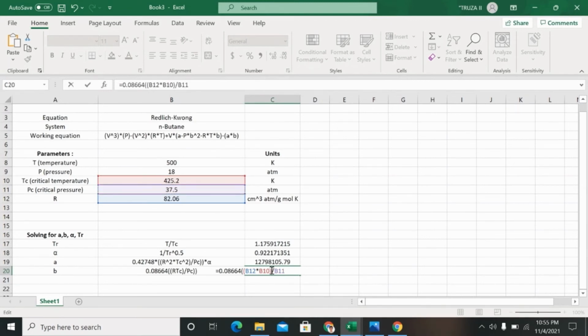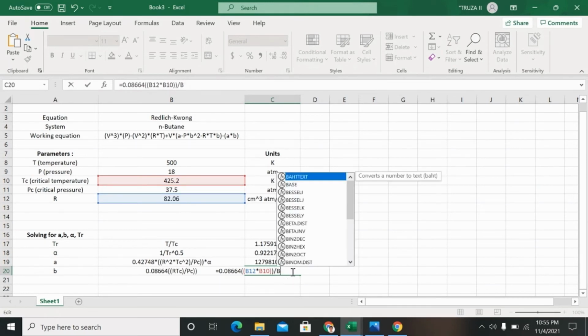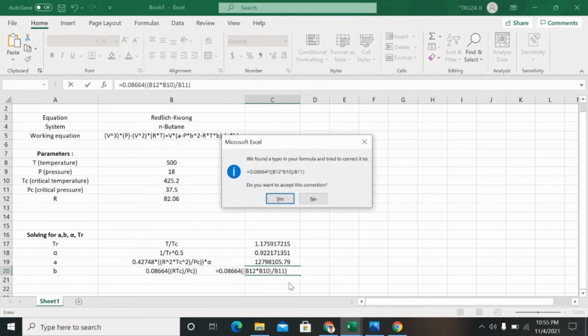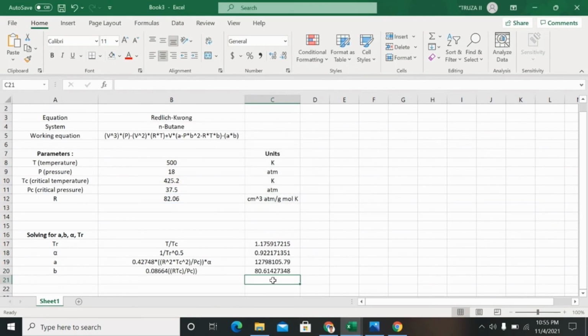Divide the critical pressure here and enter. Okay, and we have this value.